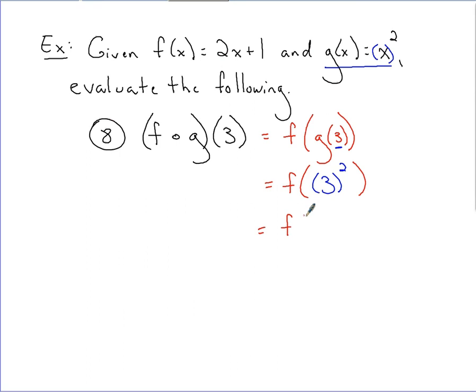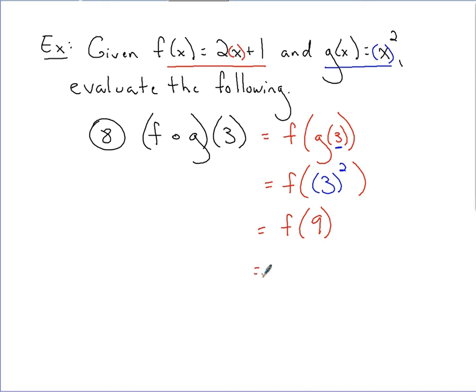So what am I trying to find now? I'm trying to find f of 9. So, for your function defined as f, this guy over here, wherever you see an x, I see one right there, I'm going to replace that x with this value of 9.